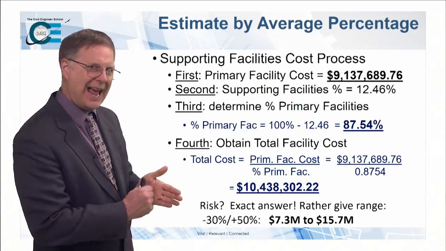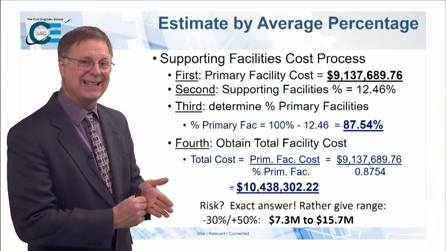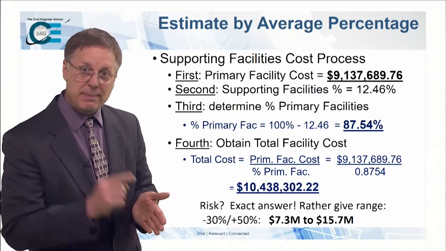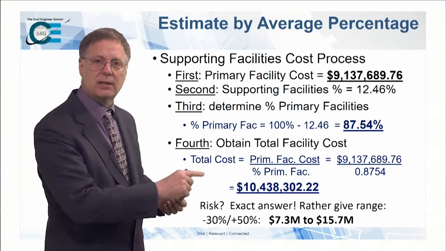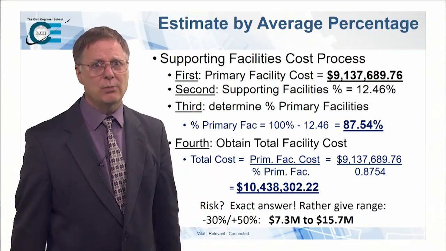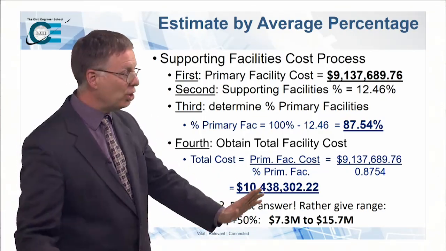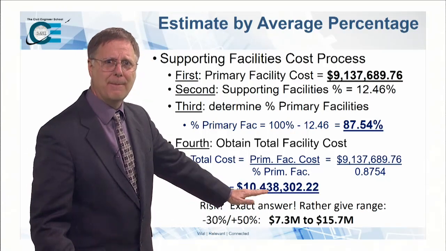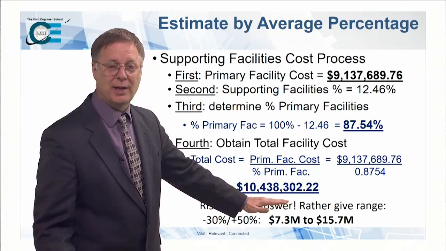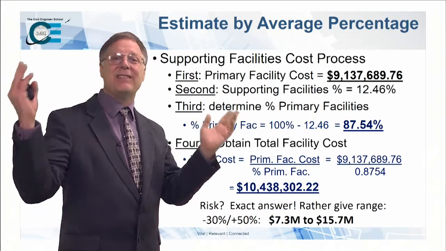If I write down $10,438,302.22, people are going to think, well, that's the number. That's exact. If he's down to the penny, he's got the number there, right, folks? It looks really smart. But the problem is we know it's really off. We know that the standard deviation is really off.